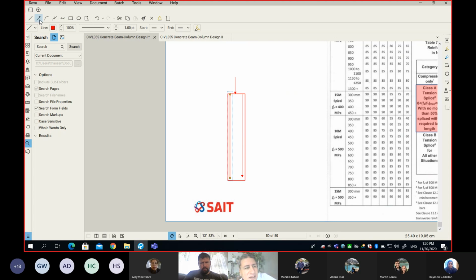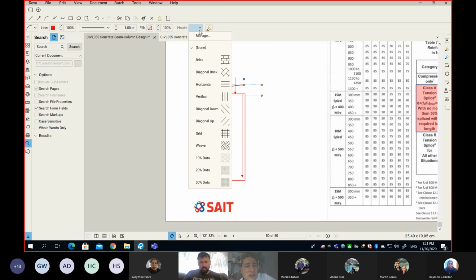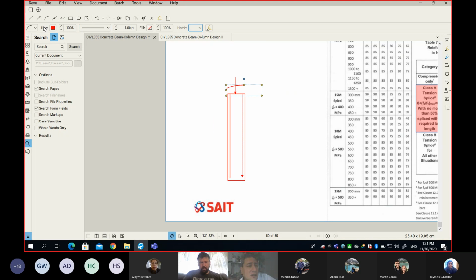Let me ask you, what if I have a bending moment acting on your column? I'm trying to draw a bending moment here.